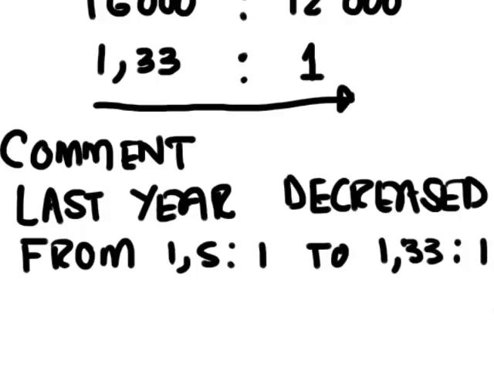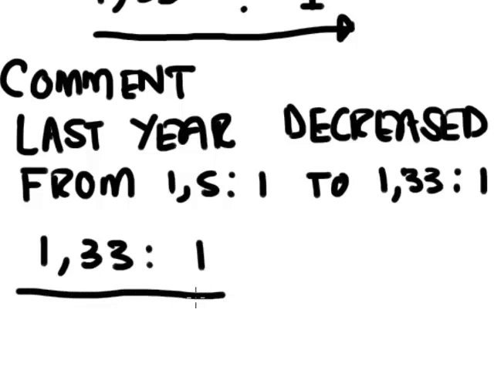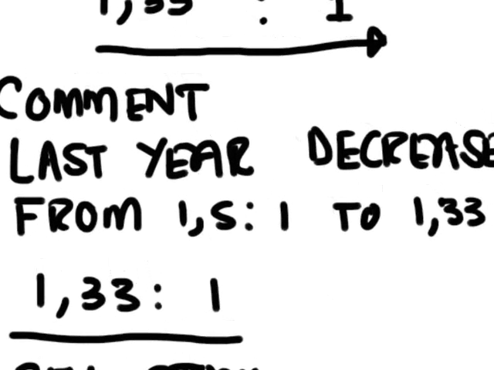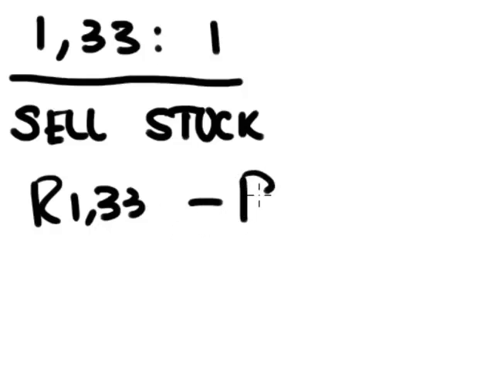Now, what does a ratio this year of 1,33 is to 1 indicate to us? What are the conclusions? It means that without having to sell our stock, the business has R1.33 available for every R1 that it is owing.